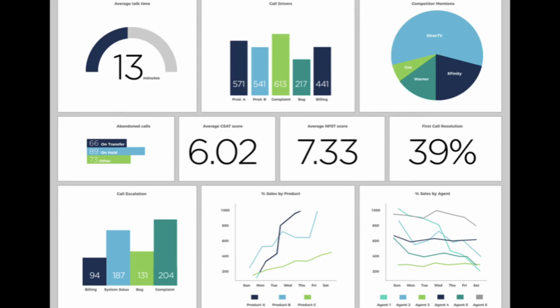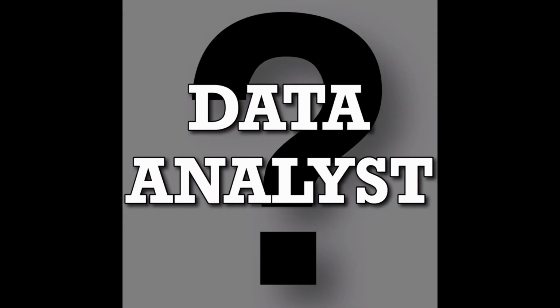Some of the key differences, however, are that data analysts typically are not computer programmers, nor responsible for statistical modeling, machine learning, and many of the other steps outlined in the data science process above.